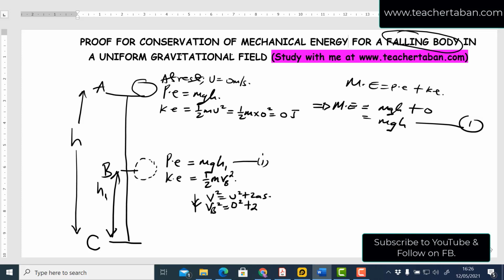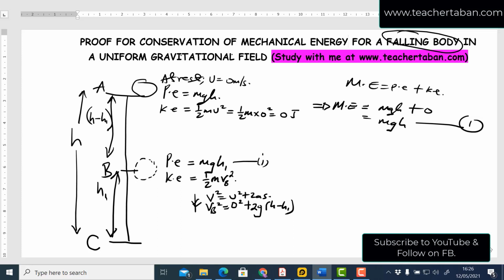Now the acceleration is that due to gravity, and it is positive because the body is falling downward. So I'll simply put here my g, and then the distance moved from A to B is going to be h minus h1. In other words, from this point to this point, the height will be h minus h1.